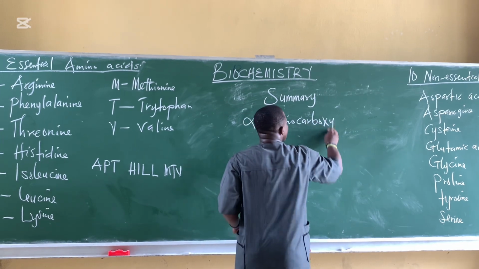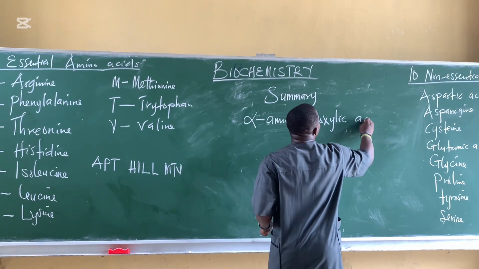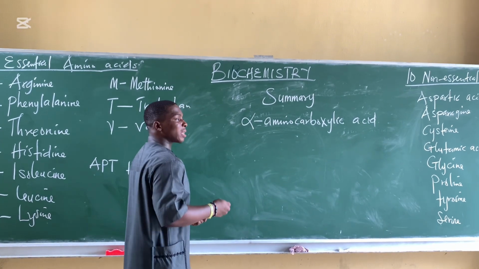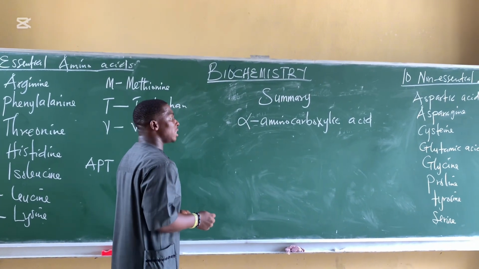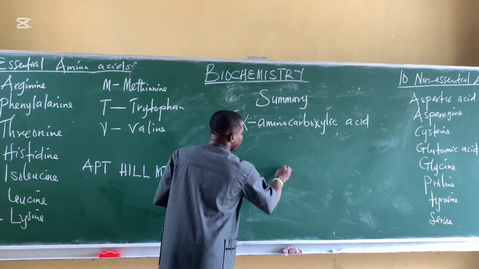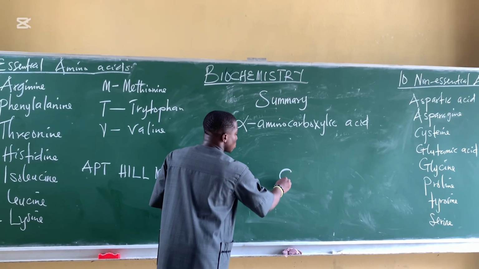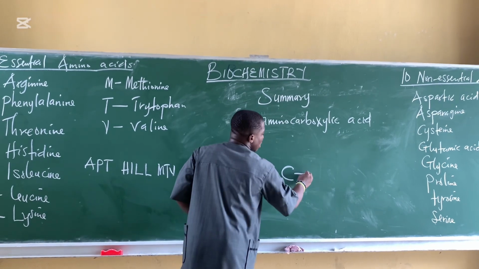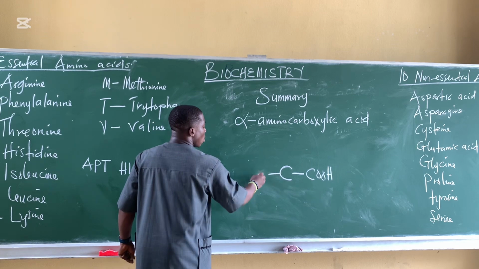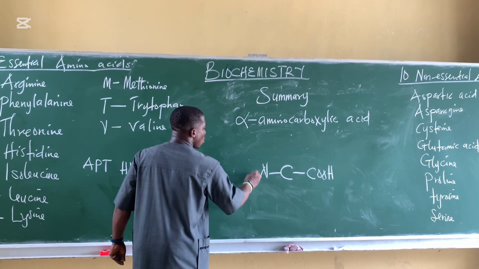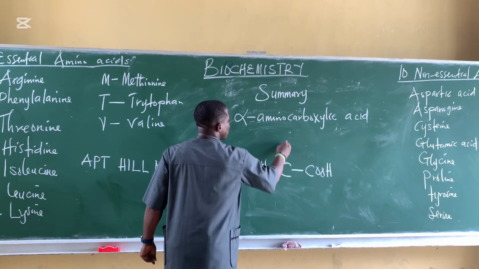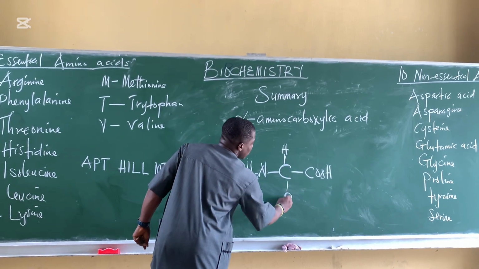They are organic compounds that consist of three functional groups bonded to the alpha carbon: a carboxylic functional group, an amino functional group, and a hydrogen and a side chain.